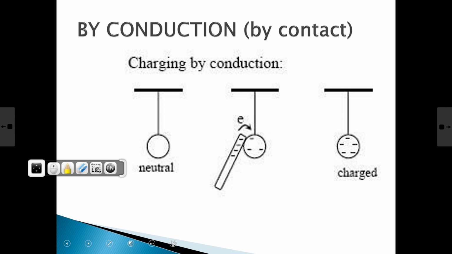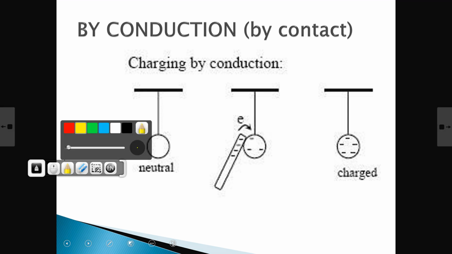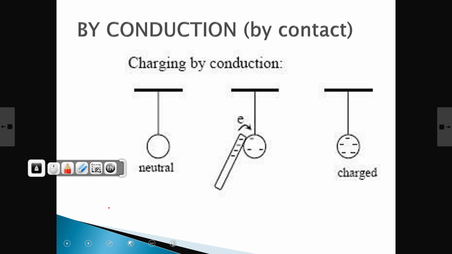The next method is charging by conduction or charging by contact. In this method, we have a charged body and an uncharged body. We have to charge the uncharged body. For that, we place the charged body in contact with the uncharged body.